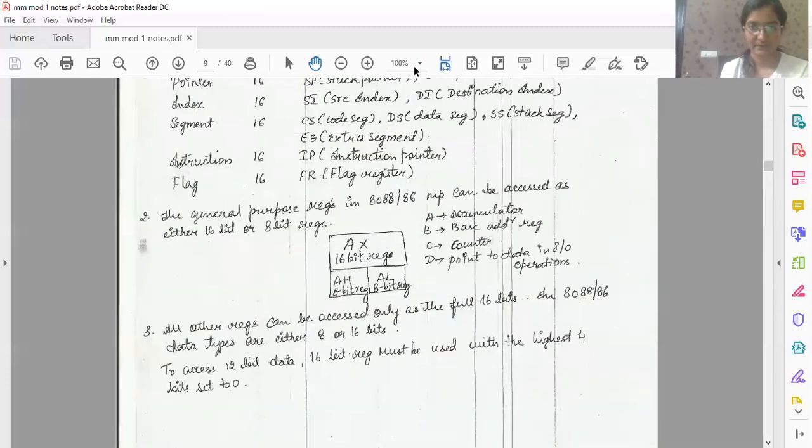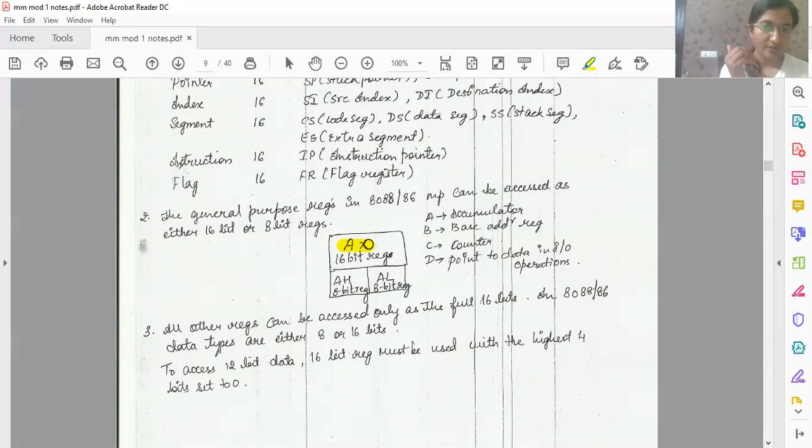Here, as you can see, for example, if I consider one register AX, and I want to store 16-bit data in the AX register, the size of this accumulator register is 16-bit, so the entire AX can be used.